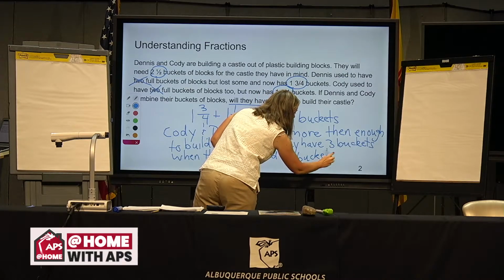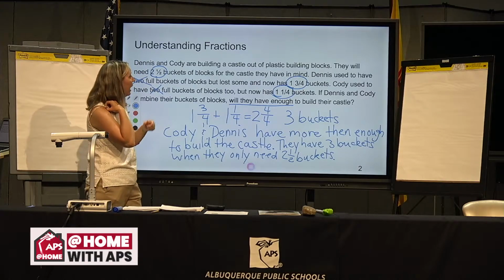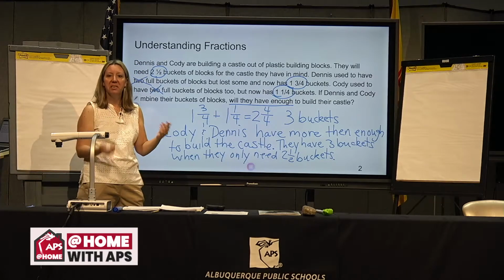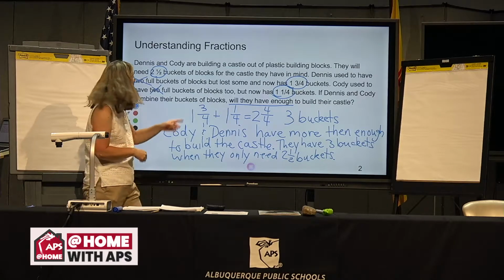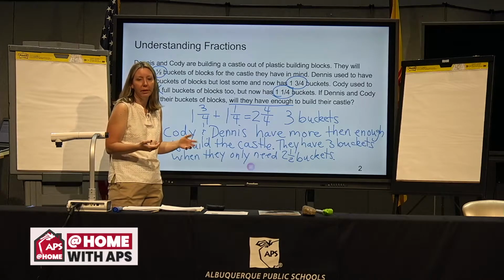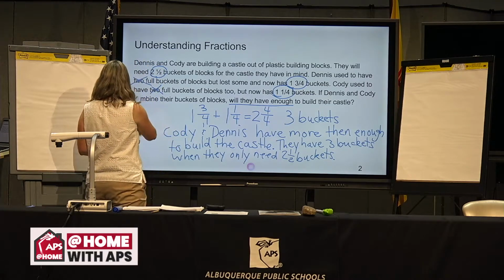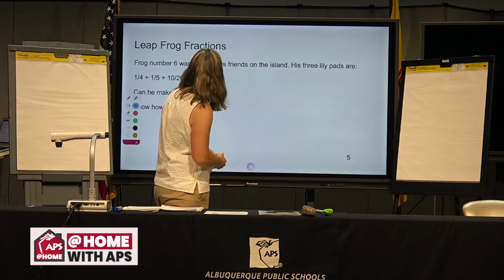Have I answered the question? Will they have enough to build their castle? Yeah. Did you guys figure out how much over they have? They only needed 2.5. How much extra do they have? Half a bucket. All right, so let's move into our next question.